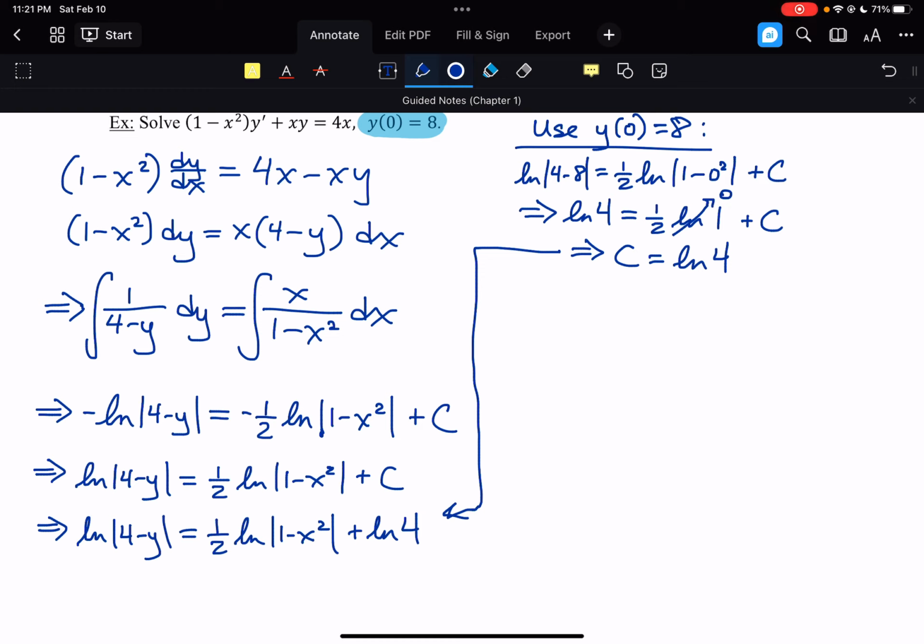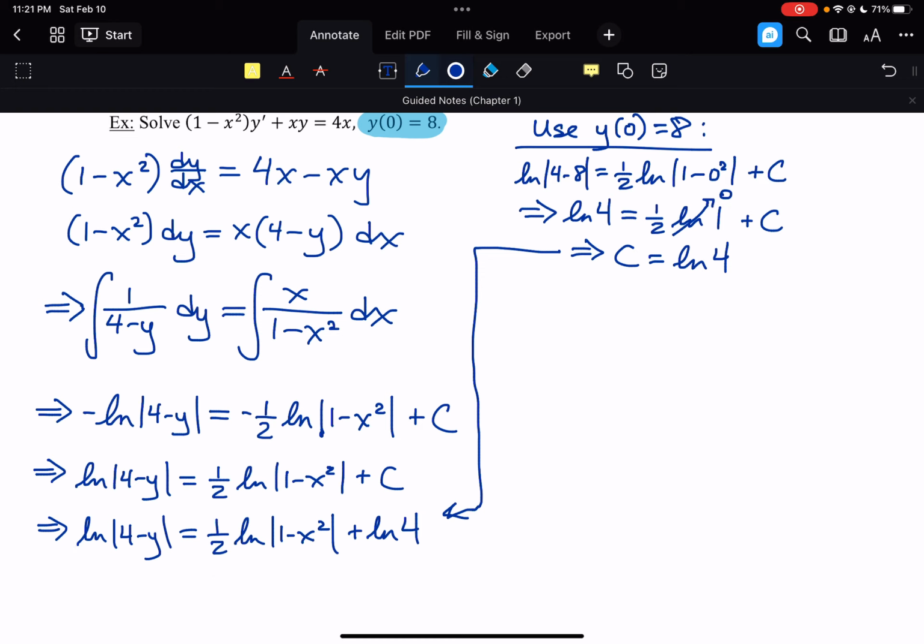Now, in order to solve for y, we need to get rid of this natural log here. And the only good way that we have of doing that is by raising that into the power of an exponential function of e. But whatever you do to one side, you're going to have to do to the other.